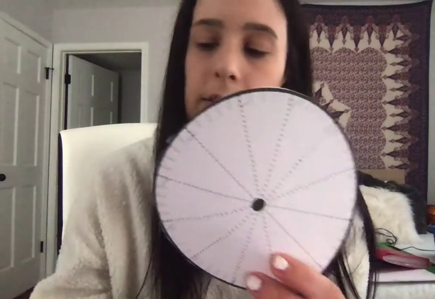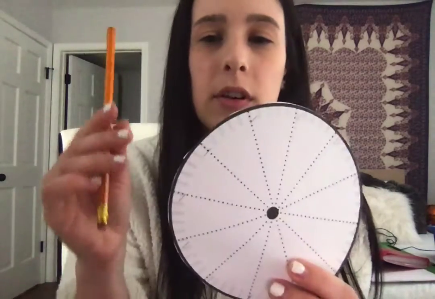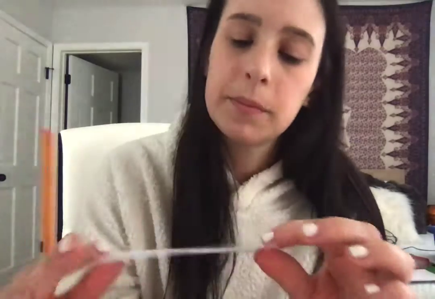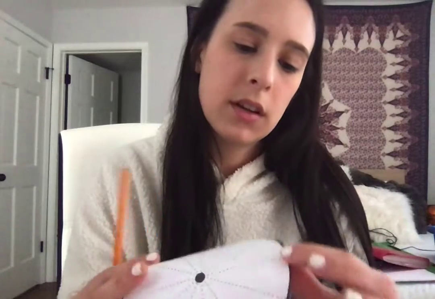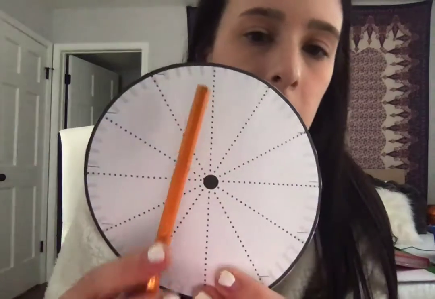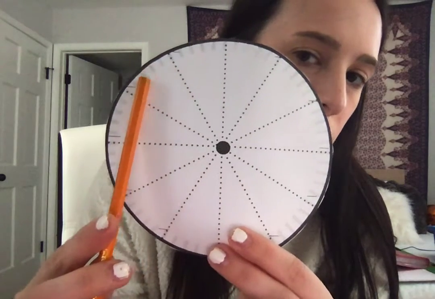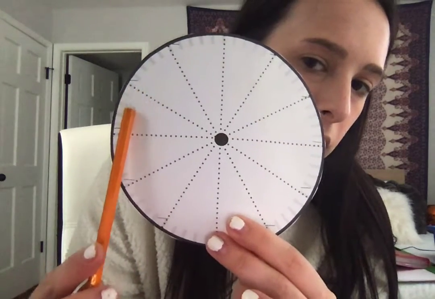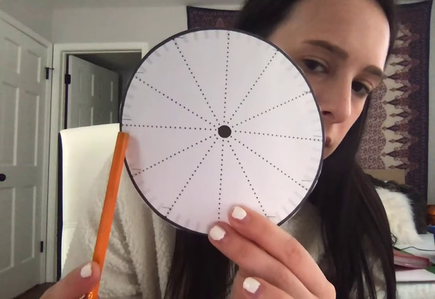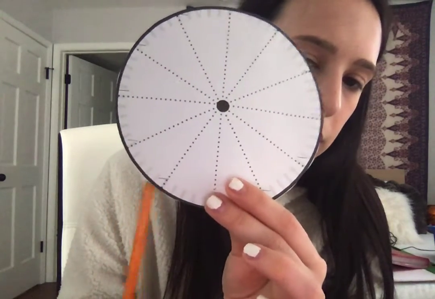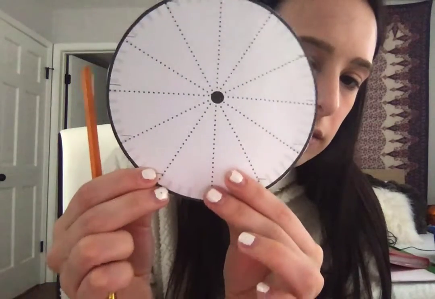So I'm going to show you first. We're going to trace the edge. I'm going to use a pencil instead of my finger so it's easier. And we're going to count. I'm going to start up here and count 1, 2, 3, 4, 5. I'm here.